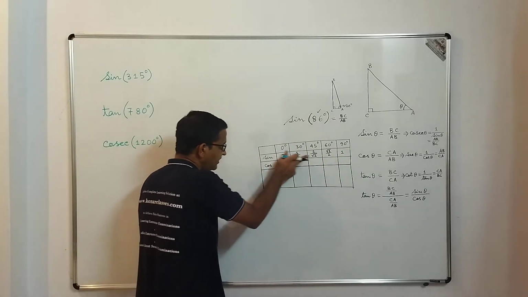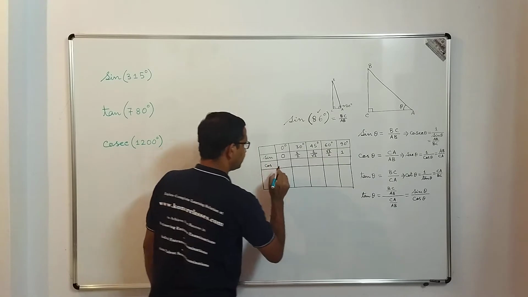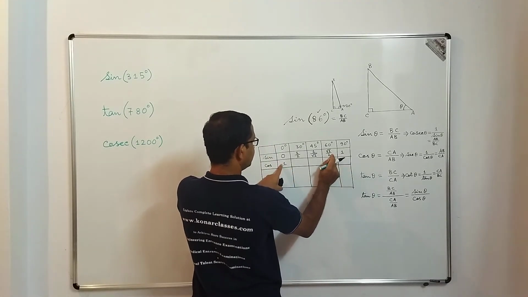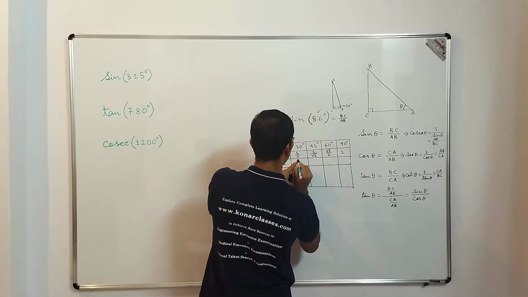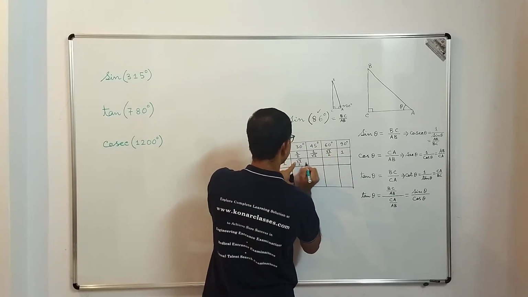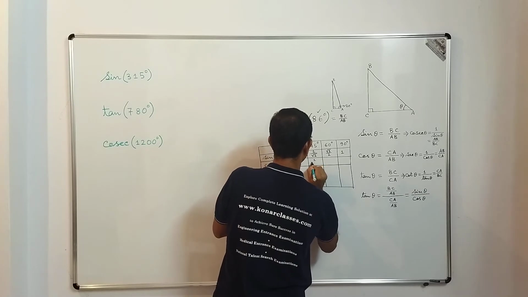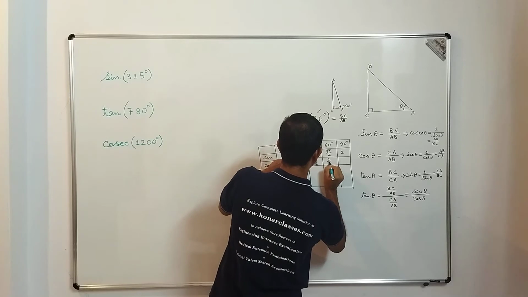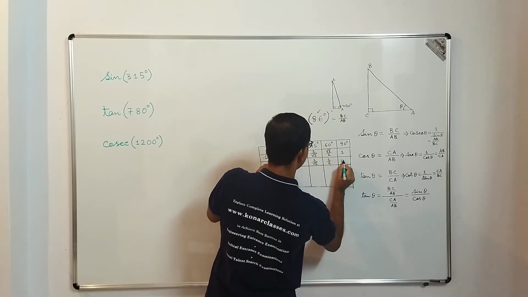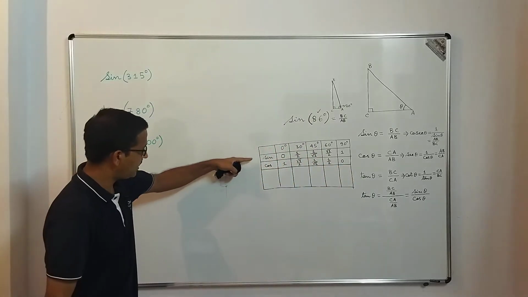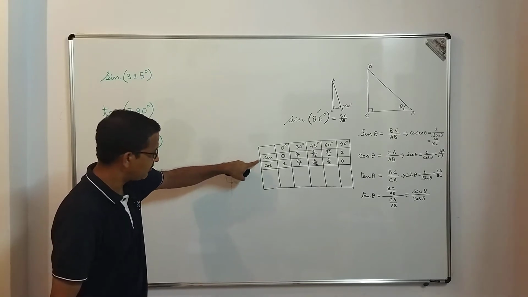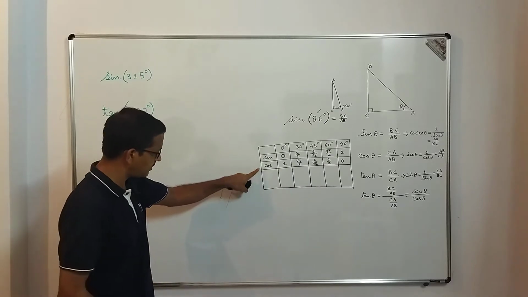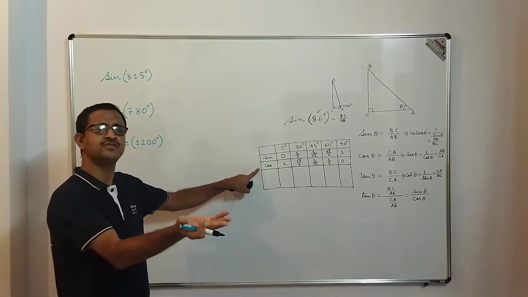You just start writing 1 here, then root 3 by 2 will be placed here, then 1 by root 2 in the same place of 1 by root 2, then 1 by 2 will come here and 0 will come here. See, the way I wrote sine, the cos is written in the reverse order. So if you remember sine, you can do cos, just reverse it, cos is done.